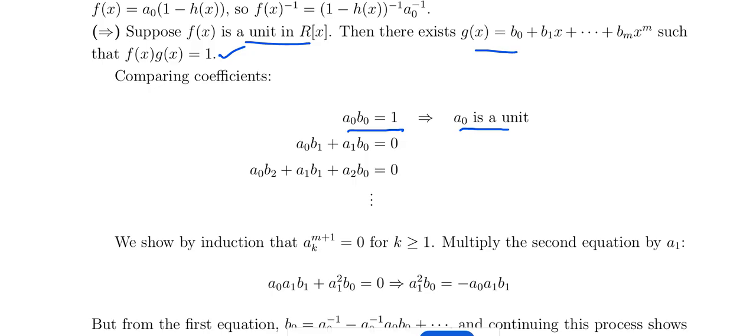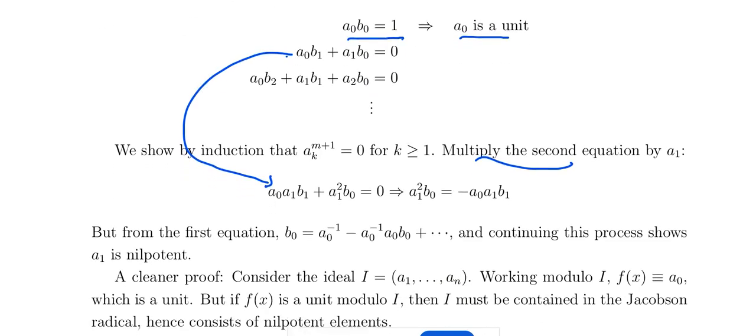So by induction, a_k to the power m plus 1 equals 0 for every k greater than or equal to 1. Therefore, in a_0 a_1 b_1 and a_1 squared b_0, multiply the second equation by a_1. This is equivalent to a_1 squared b_0 equals minus a_0 a_1 b_1.